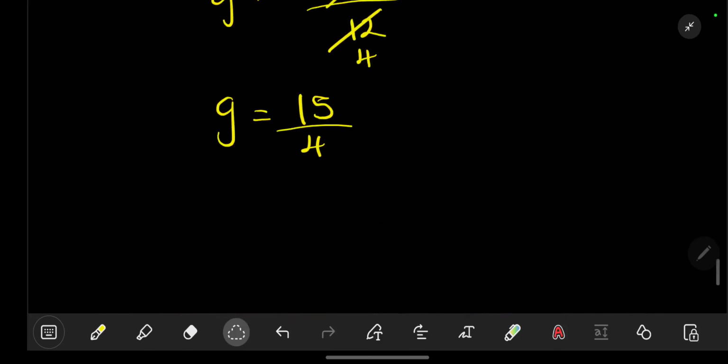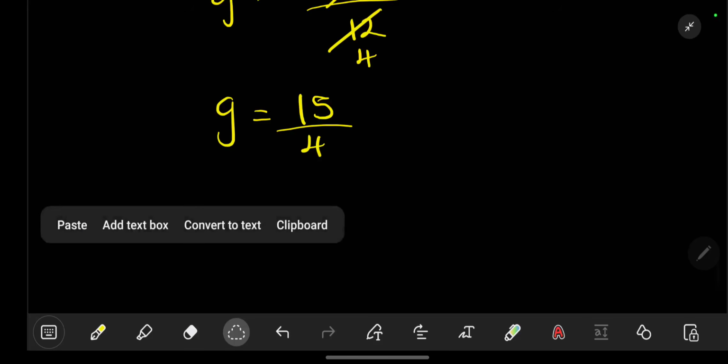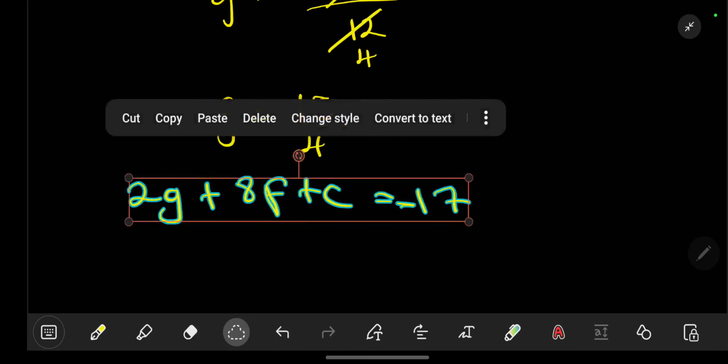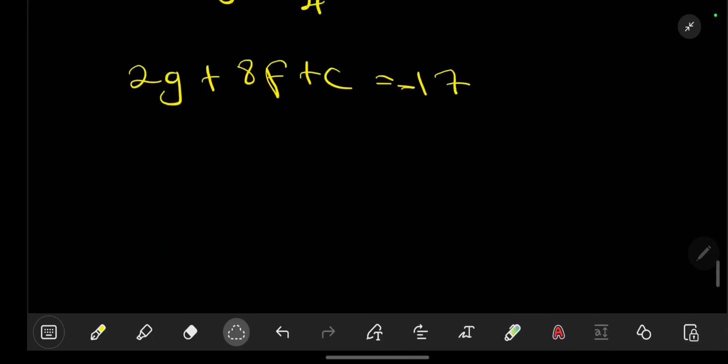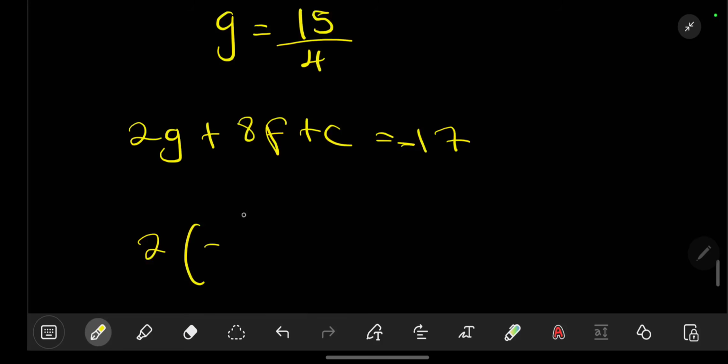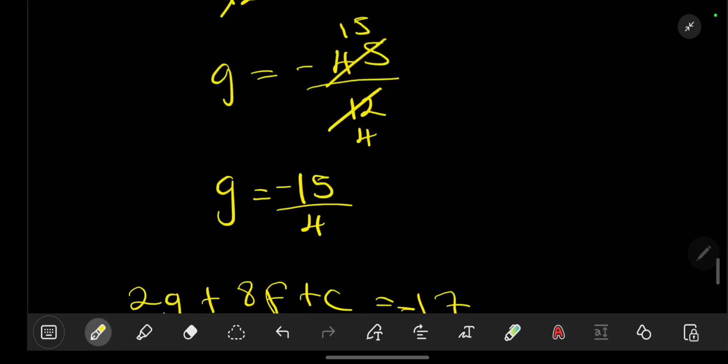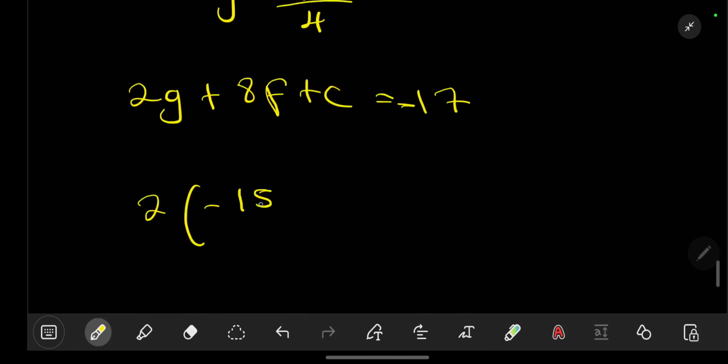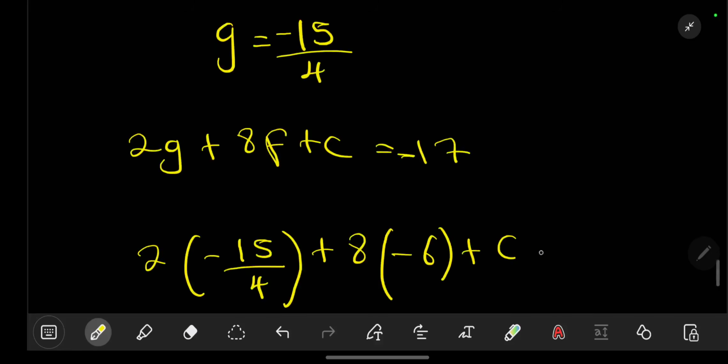We can now find the value of the last unknown and then replace. We are going to have 2g, g is negative, not positive, negative 15 over 4. Then we have plus 8, our f was found to be negative 6, then plus c should be equal to negative 17.